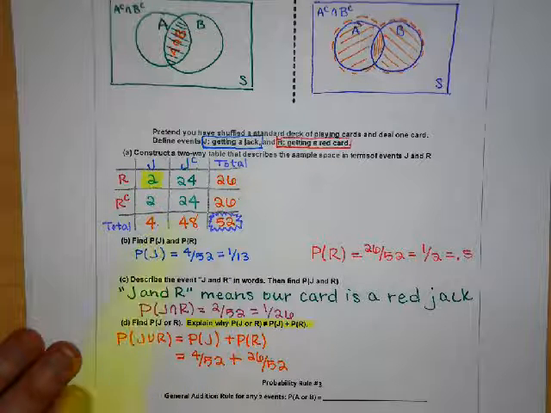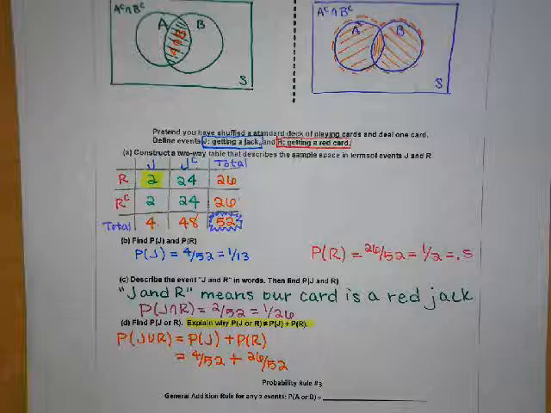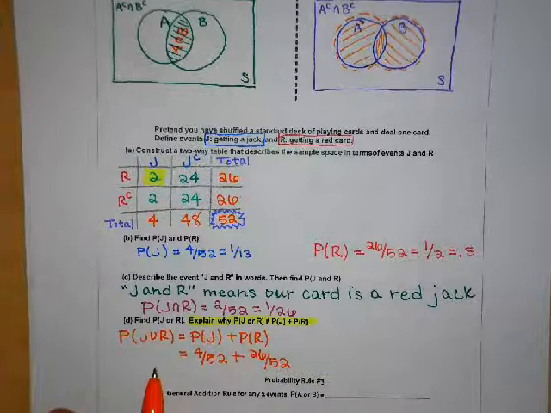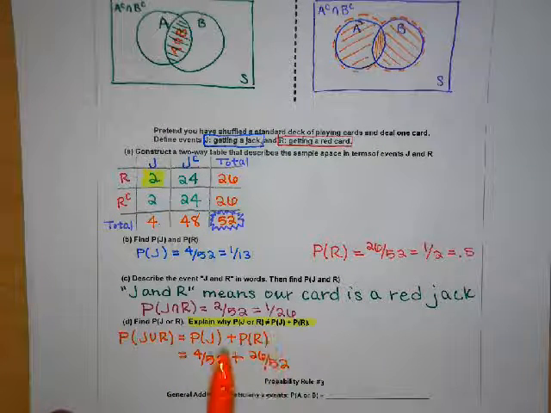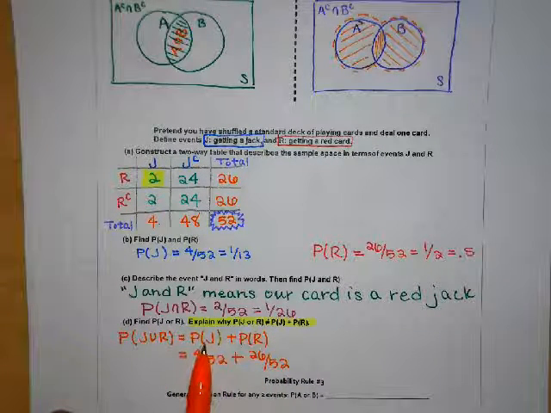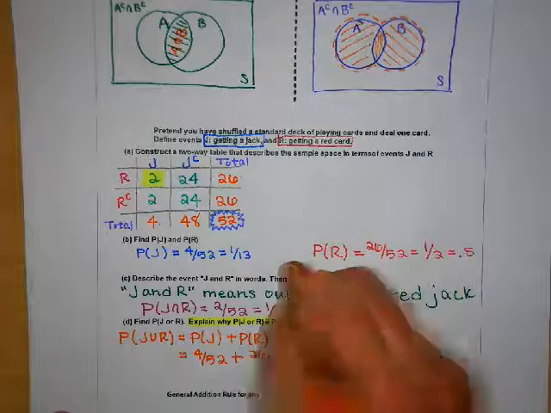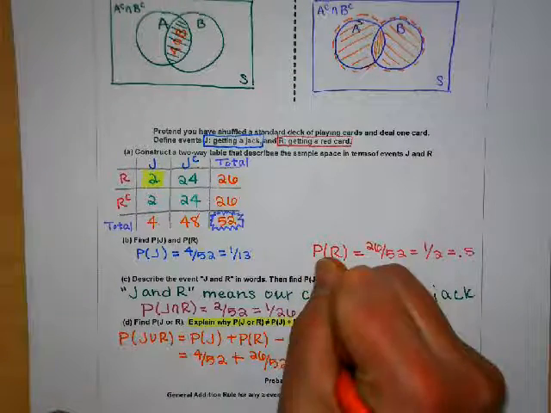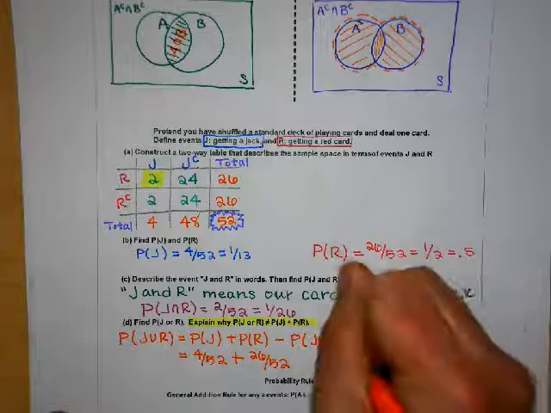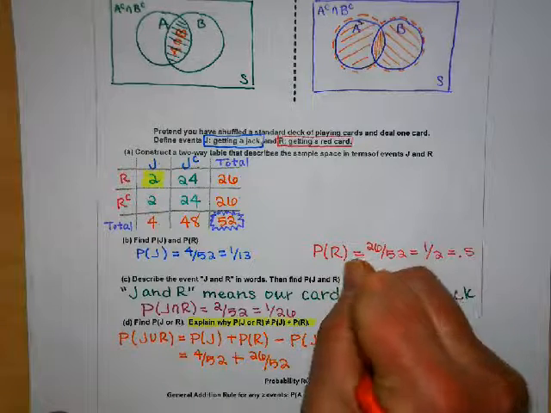So when our events are not mutually exclusive, to find the probability of J or R, I need to take the probability of J plus the probability of R and subtract the probability of J and R. So that gets rid of one of these because I counted it twice.